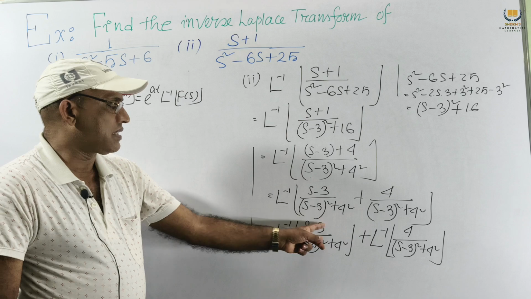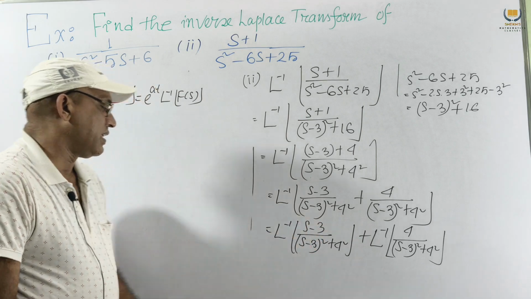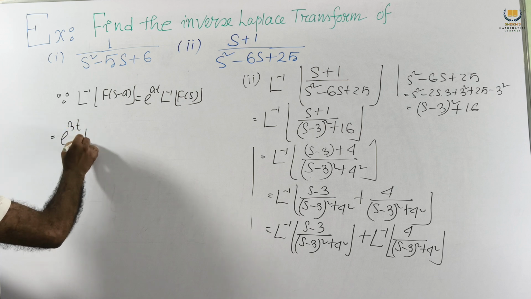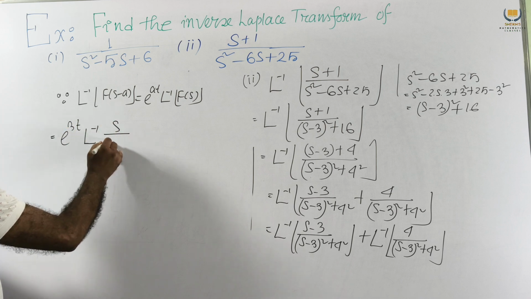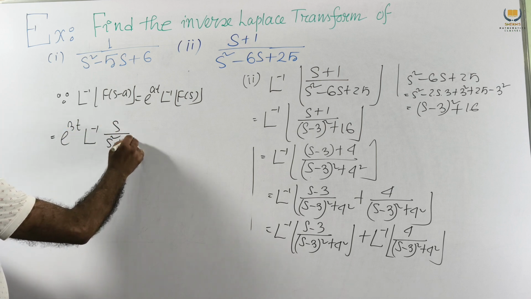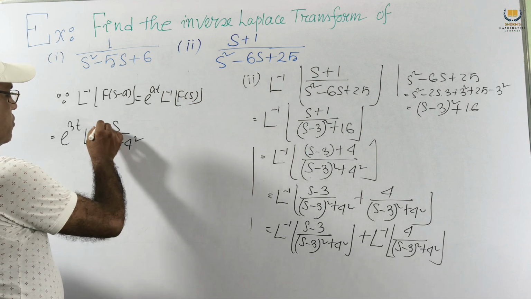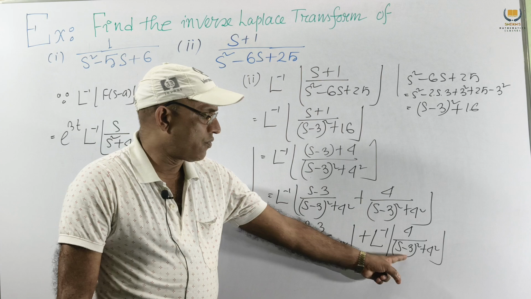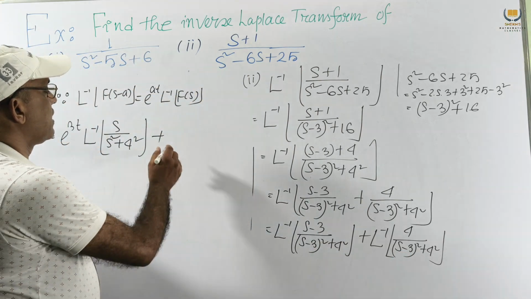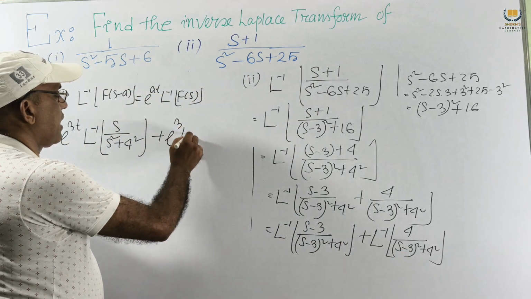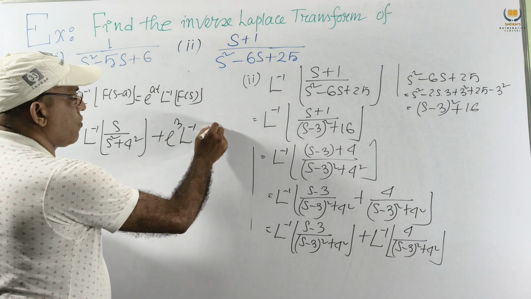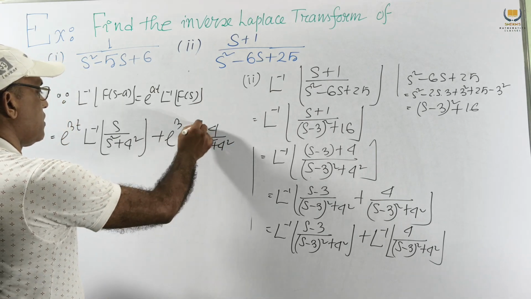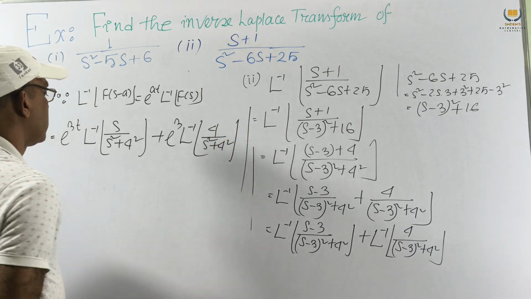Here s minus 3, we remove this 3, then we get e to the power 3t L inverse s by s square plus 4 square. And from the second term also we remove this 3, then e to the power 3t L inverse 4 by s square plus 4 square.